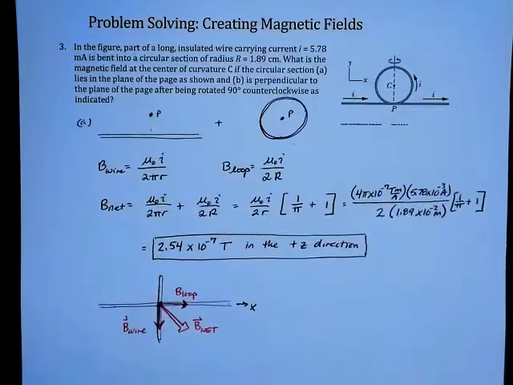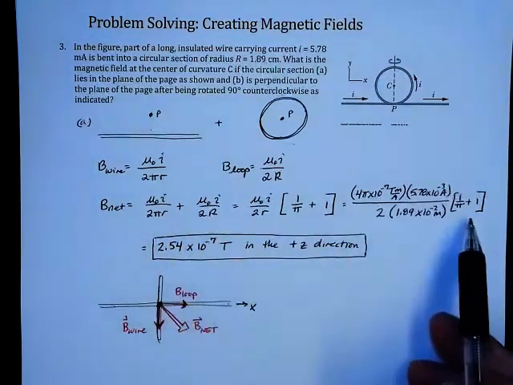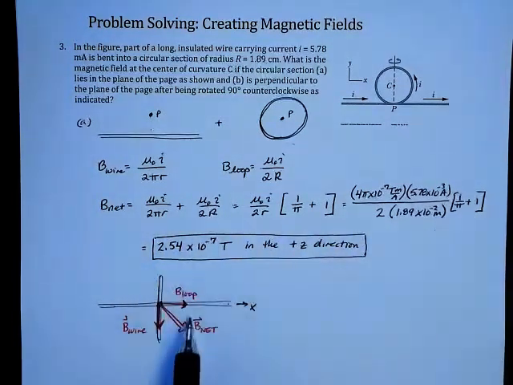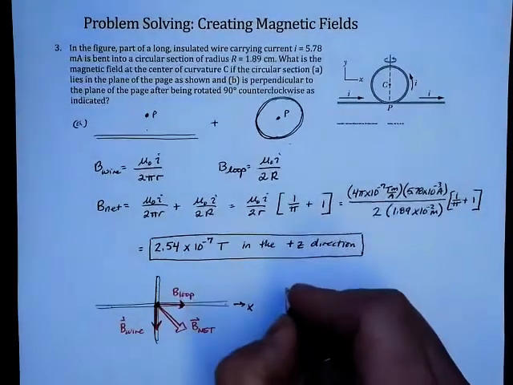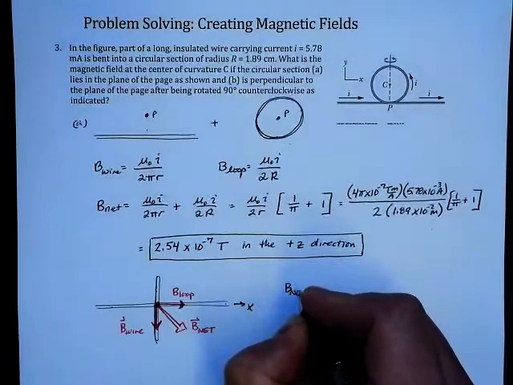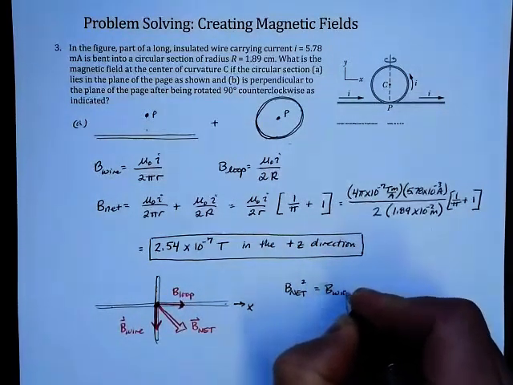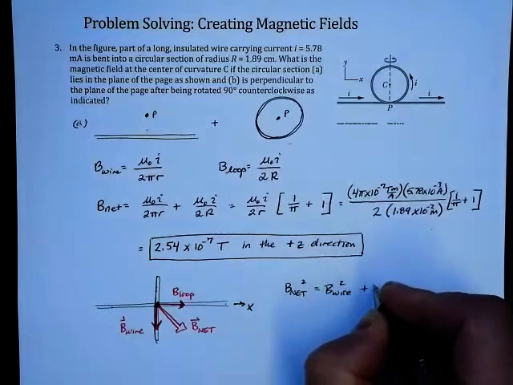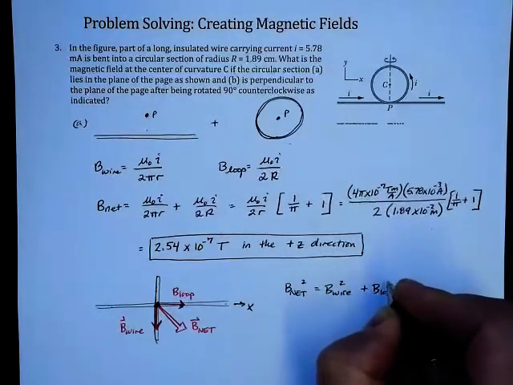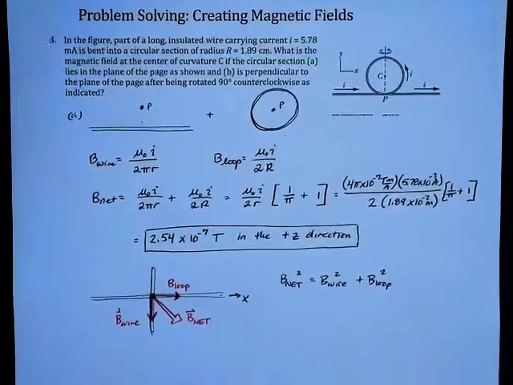Okay, so can't quite get this line in here because we need to now sum these in this fashion, but it is true that B net squared equals B wire squared plus B loop squared. That's just applying our Pythagorean theorem.